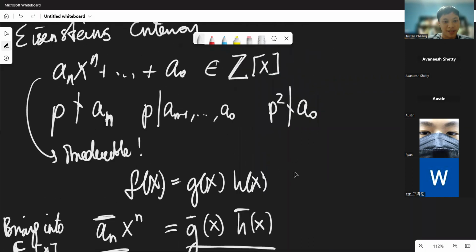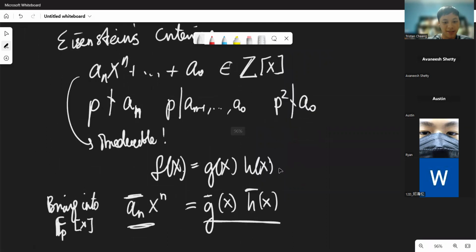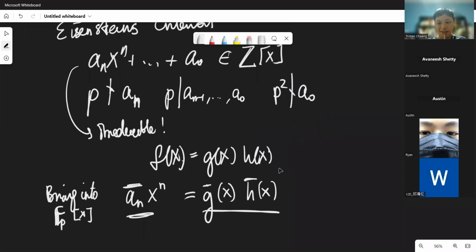Now, what can we say about g bar and h bar? Well, the left hand side is just some power of x. So surely we can say that g bar and h bar are powers of x as well.